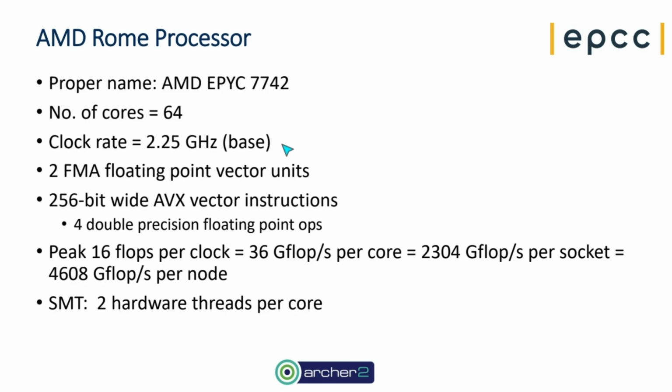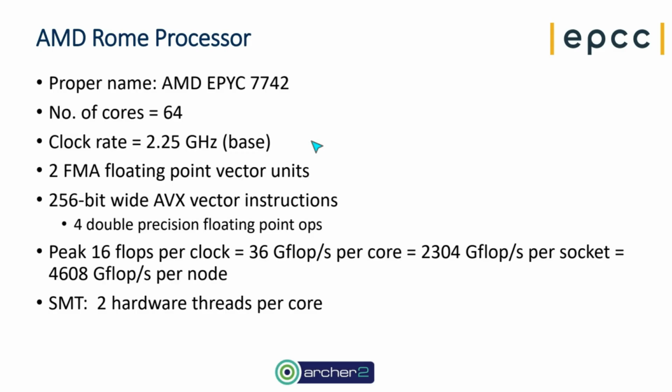If the power consumption for a particular core is not too much, then the clock can be increased up to just over 3 gigahertz. But actually, the system is capped to 2 gigahertz by default, because we found that for most applications, it's memory that's the bottleneck, not the flop rate, so reducing the CPU clock rate saves power.